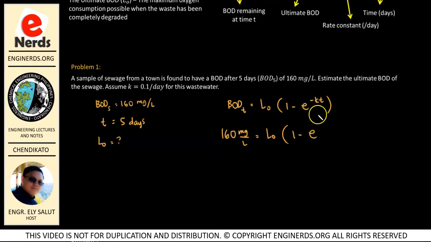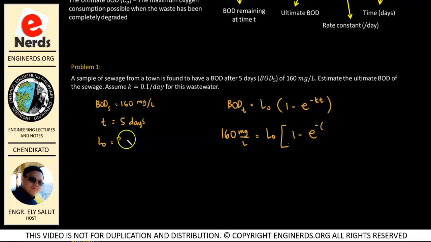So, what is our k? Our k is 0.1, no? So, let me change this to a bracket, no, para hindi tayo mahirapan. So we're going to use a bracket here, and then we have here negative.